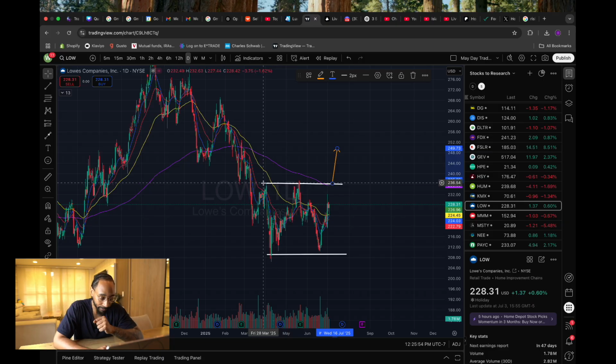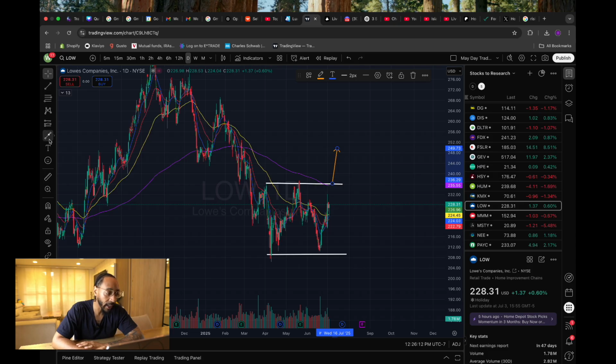So this little box that we have outlined from 209 to 236 is a structure, right? And so Lowe's has been trading in that structure. So you can say, now what do we have?